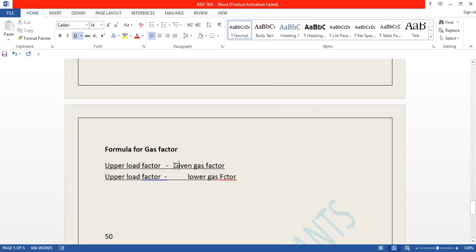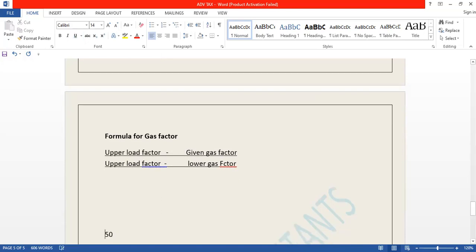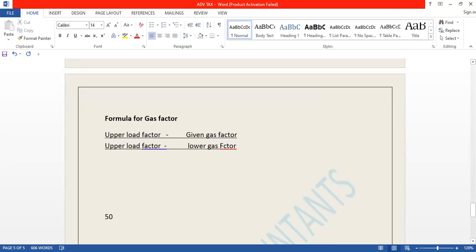Okay, so I think it's better now. So we should be able to go with this now. From here, we have that 50, as you have said, then divided by the upper load factor again, which means this will be divided by 50 again, according to that formula.